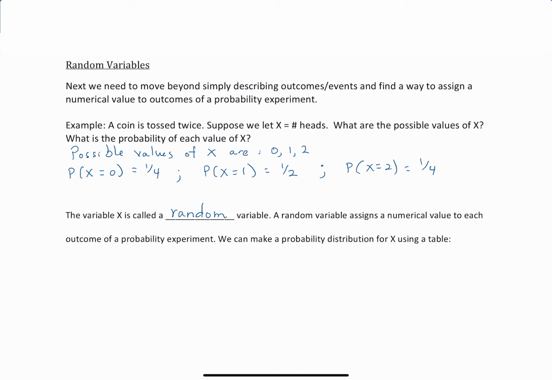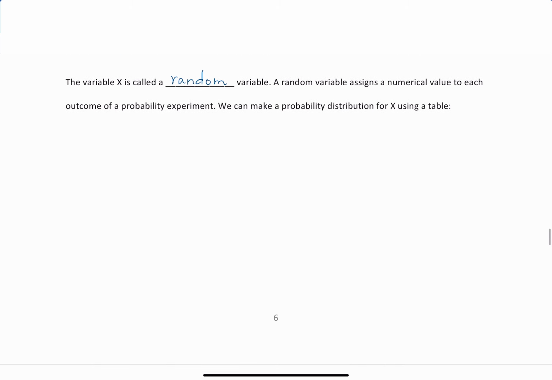And we can make a probability distribution for X using a table. So I can list the values of X. They were 0, 1, and 2. And then I can list the probability of that value of X. And those probabilities were 1/4, 1/2, and 1/4. We can also make a probability histogram.